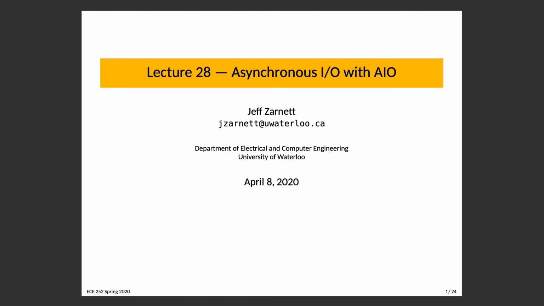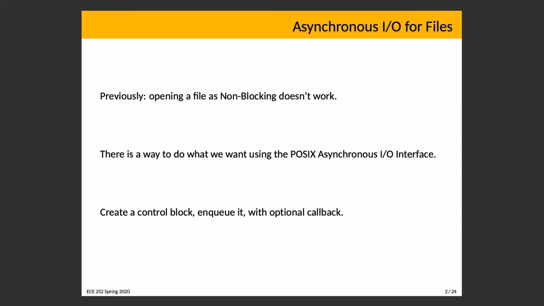There is, however, a way to accomplish what we want using the standard compliant asynchronous I/O interface, which we'll just call AIO from here on out because, well, it's shorter. So what we want to do follows this general approach: we create a control block.